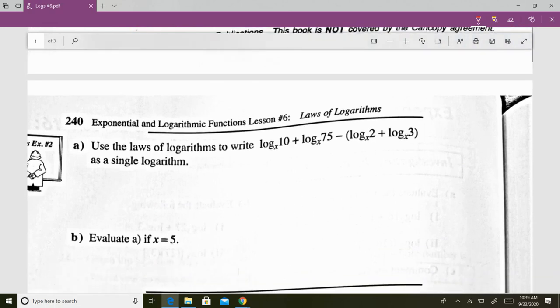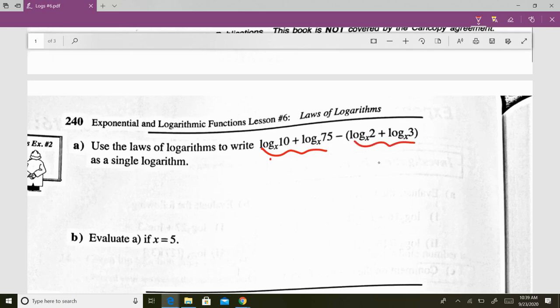All right, next one. Write these as a single logarithm. So the first thing you do is look at the bases. Are the bases all the same? Yes, they're all x. It's a variable. We don't care as long as they are the same. So now we have to combine them. If you are adding, you are multiplying. So that means, I know that's a minus sign, but this is all in brackets too. I can combine the ones in the brackets too.